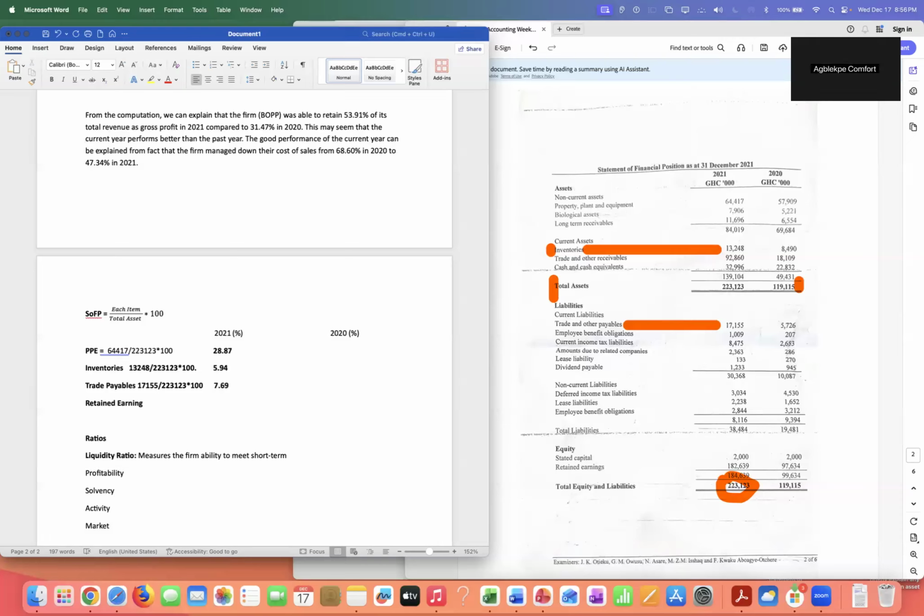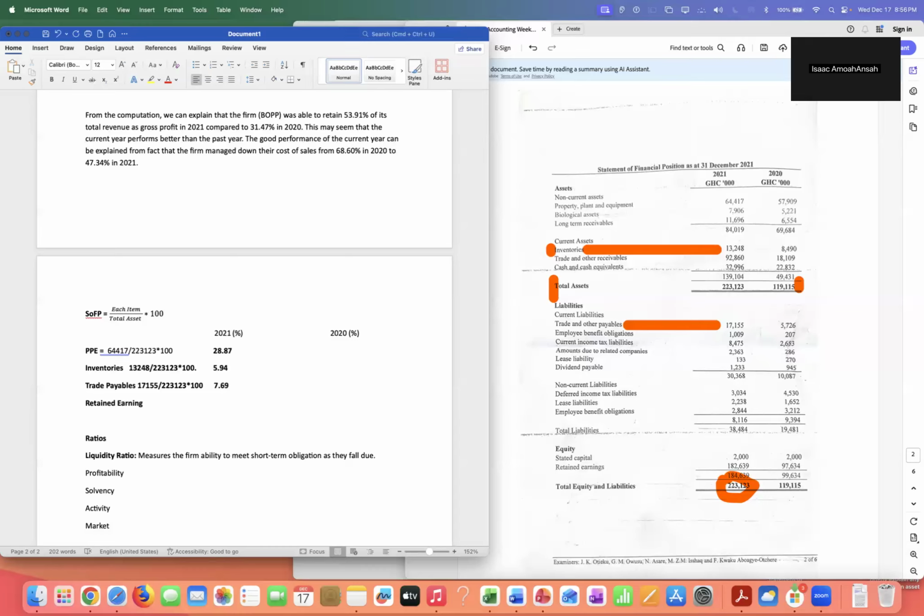Okay, so liquidity ratios measure the firm's ability to meet short-term obligations as and when due. Very simple like that. As and when it becomes necessary to pay your short-term obligation, your ability to pay for it is what we refer to as liquidity.